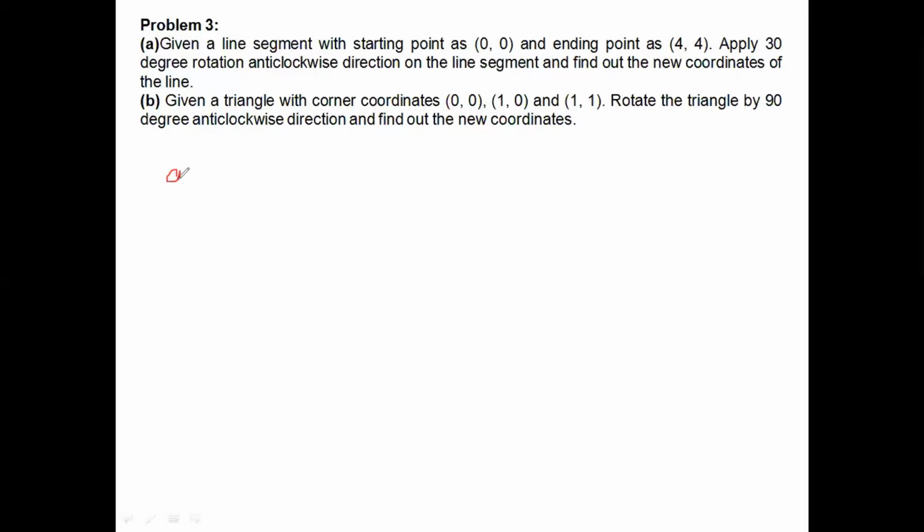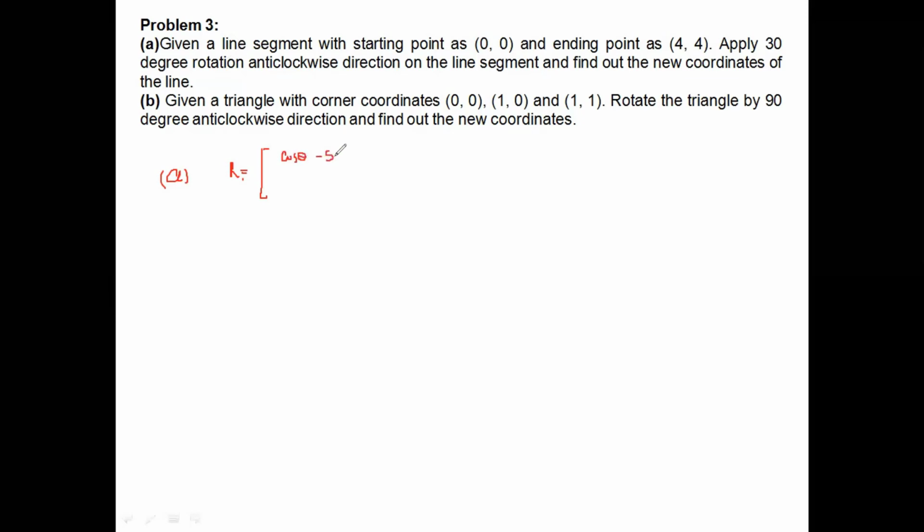So let's take up part A. In rotation, what is the rotation matrix? First we will write the rotation matrix, that is cos theta, minus sin theta, and so on.